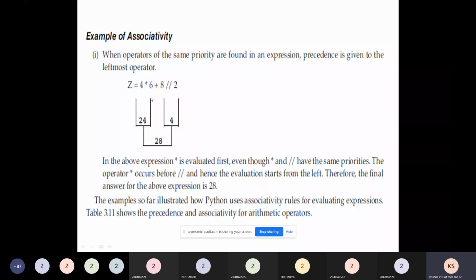After that, we perform the floor division 8 floor division 2, and we get 4. Next we add these two numbers, 24 plus 4, and we get 28. This is the example for associativity, how to solve the expression.